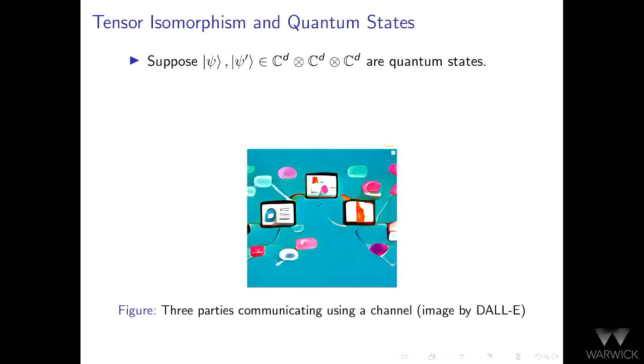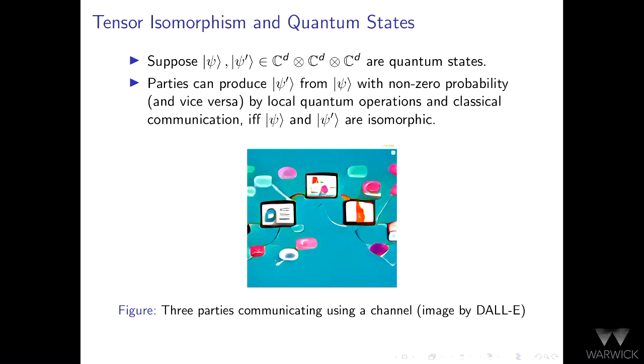To explain the relationship to quantum information, generally a tensor with 3 components can be thought of as a quantum state that is being shared between 3 parties. Suppose that each party has access to their own part of the quantum state, which is a d-dimensional system.